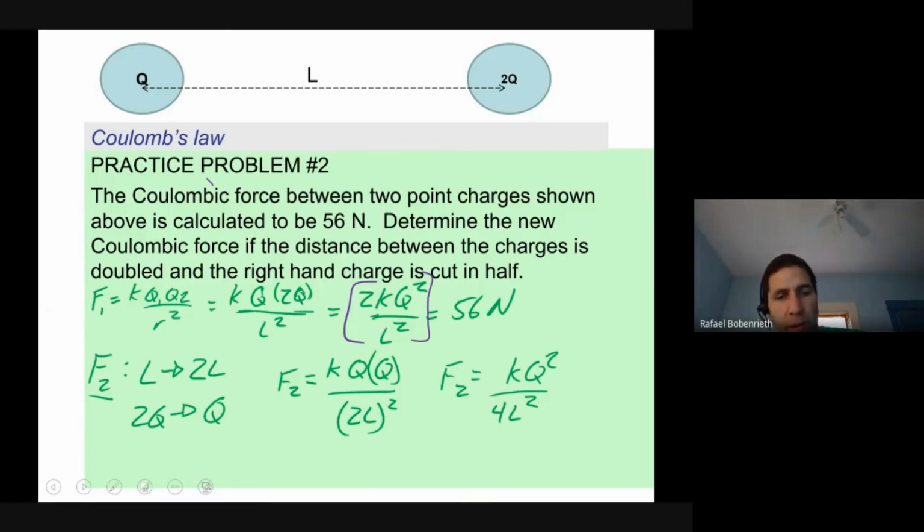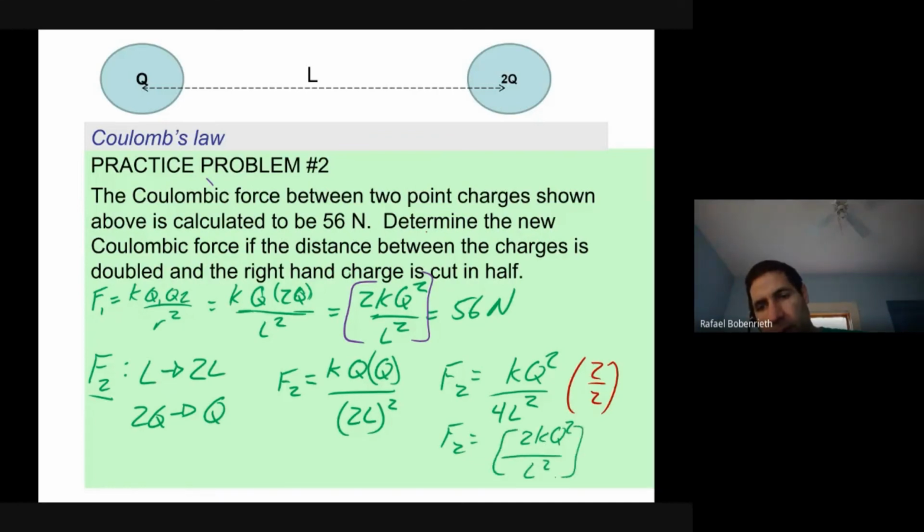Well, why don't I just multiply both top and bottom by 2 over 2? And if I do that, notice what I get: 2KQ squared over L squared, and on the bottom I have out here in front, by the way, I'm going to leave this like this, 4 times 2.